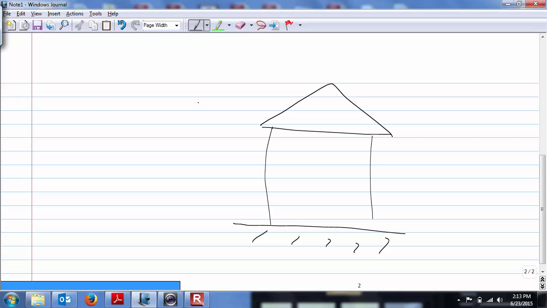So big picture here, let's just look at a house in the winter, and the sun still shines in the winter unless there's clouds, obviously.